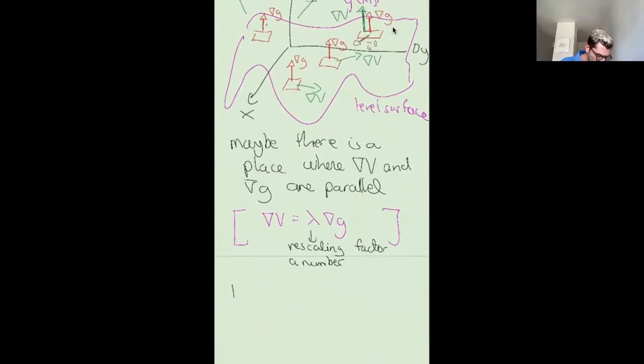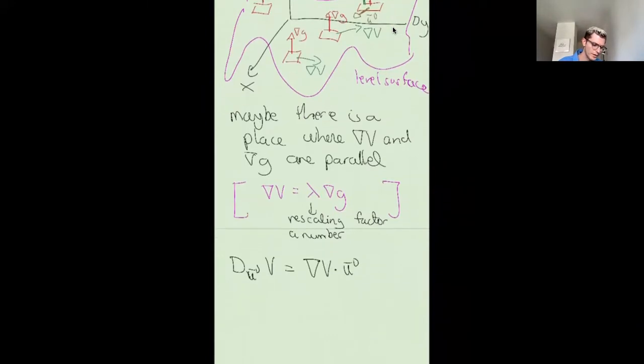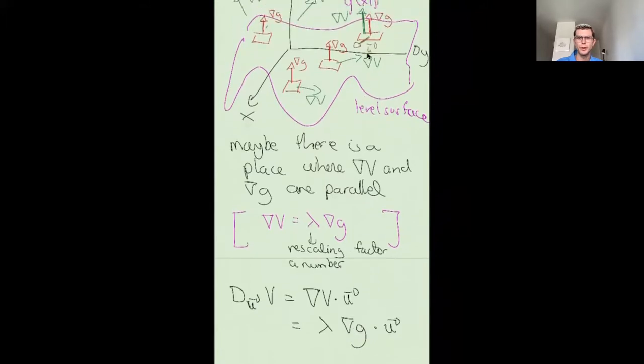And so if you take the directional derivative of V in the direction of a vector U, then again, as was just mentioned, it is the dot product between the gradient of V and the vector U. But now if the gradient of V is parallel to the gradient of G, this would be the dot product between the gradient of G and U. But what would be the dot product between the gradient of G and U if you choose a vector U which is along the surface?